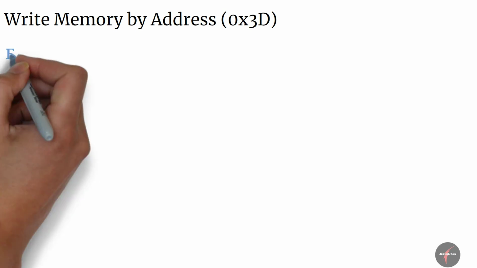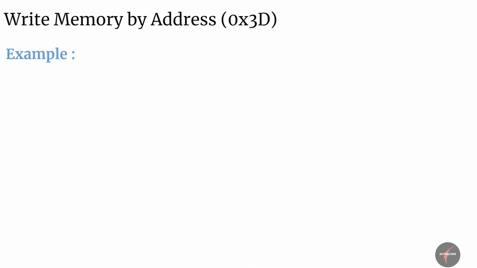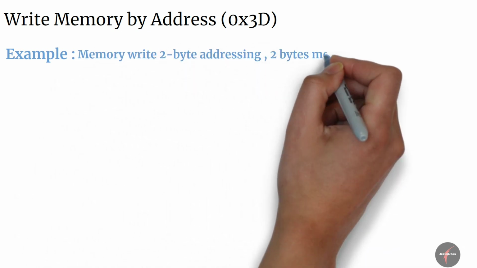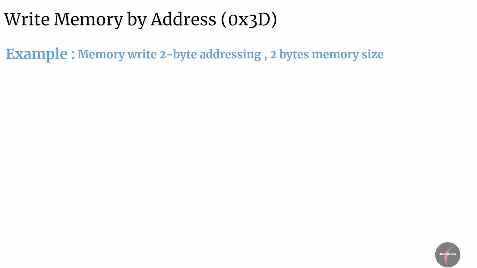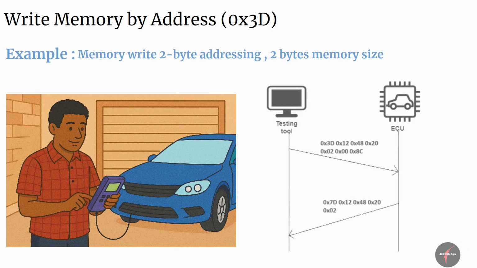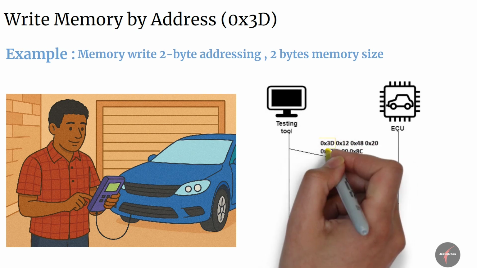Now, let's try to understand Write Memory by Address with the help of a simple example. Let's assume that the client wants to perform a memory write using 2-byte addressing, that's 16 bits, and a memory size of 2 bytes. The client will send the request as follows. The service ID for Write Memory by Address is set to 0x3D.